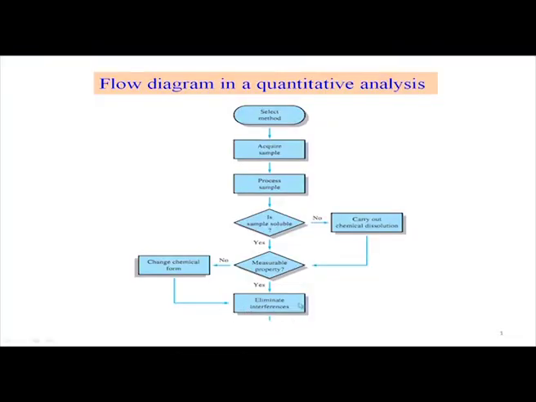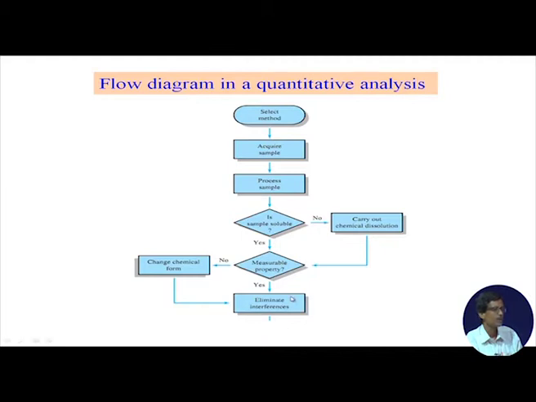Those can also interfere with the corresponding estimation. That means they can react with the DMG. They may not give the same color, but they can consume some amount of DMG. So, that will interfere with our measurement. All these interferences we have to eliminate, then only can we determine that only nickel DMG is estimated for our analysis.